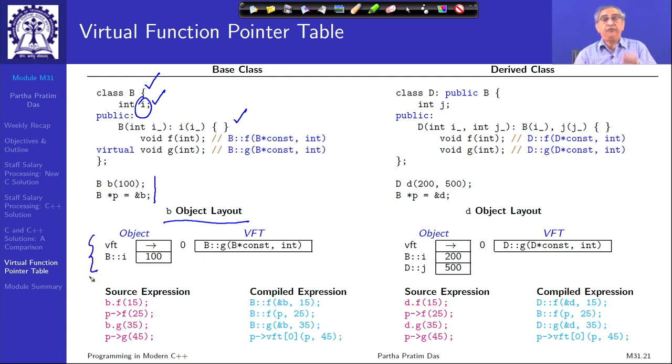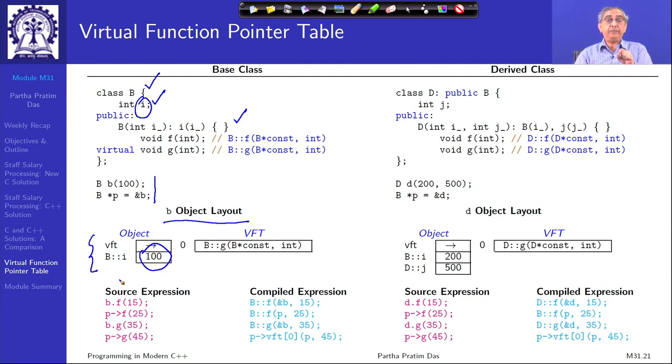It will have one more field, which is a pointer to a table. Earlier it was having only the value 100. Now it will have an additional field which is a pointer to a table.